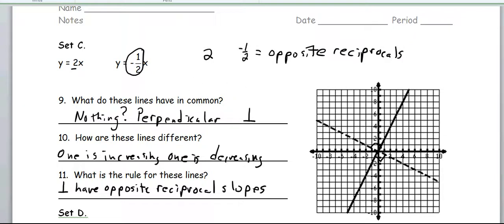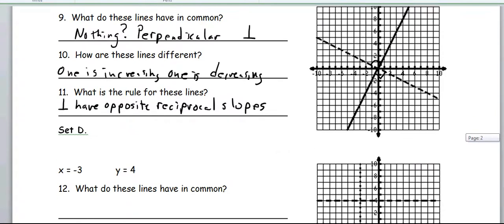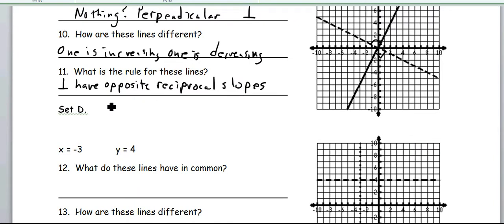For example, if I give you 2/3, if I wanted a reciprocal of 2/3, I could multiply by 3/2. Notice I just flipped the fraction. Opposite means if I start with a positive, this would be negative.